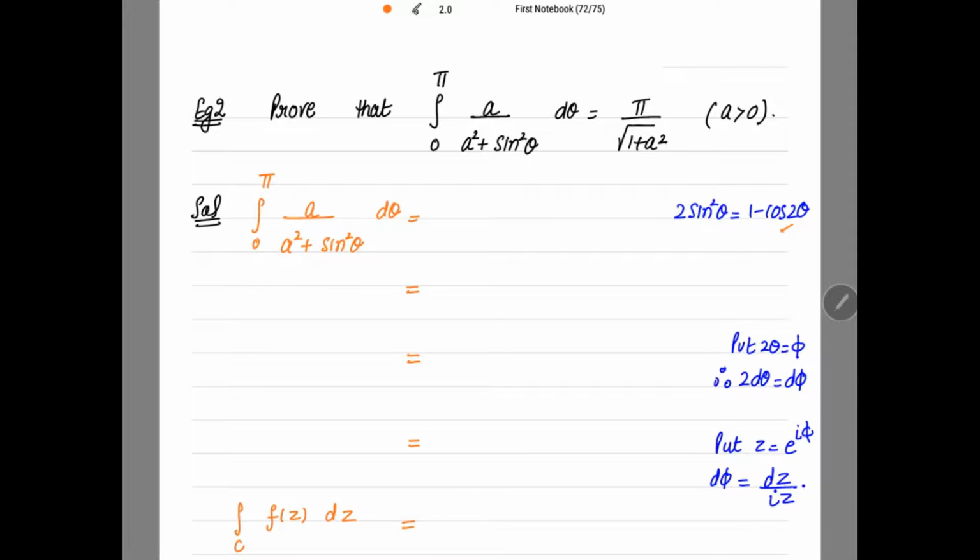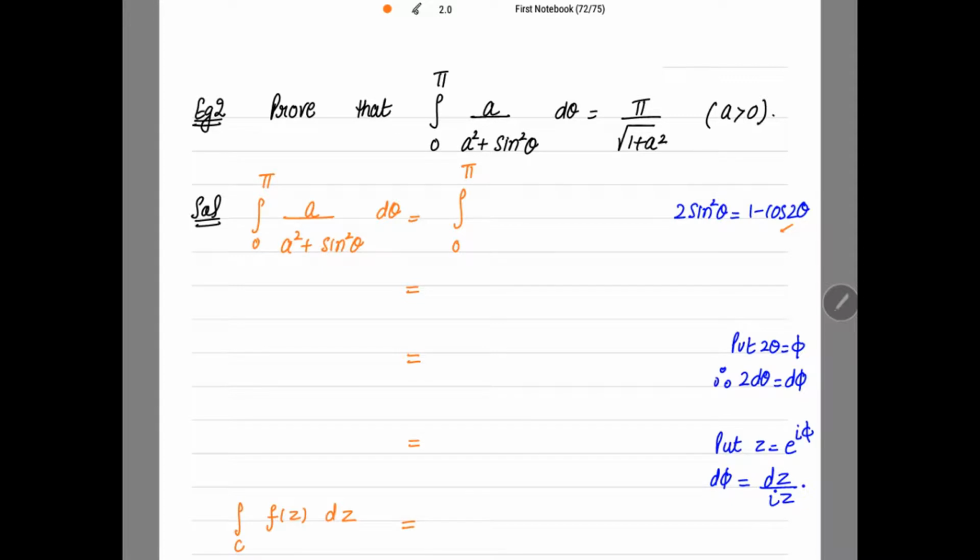Let's first change the sine square theta into cos, so that our rule will be satisfied, that is f of 2a minus theta should be equal to f of theta, and then we are going to change the limits. So we know that 2 sin square theta is 1 minus cos 2 theta, right? So I need 2 here. Can I divide and multiply by 2 to the numerator and the denominator?